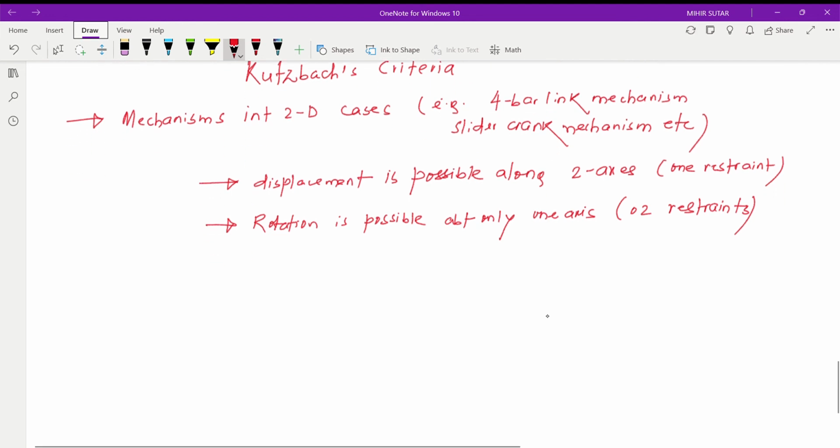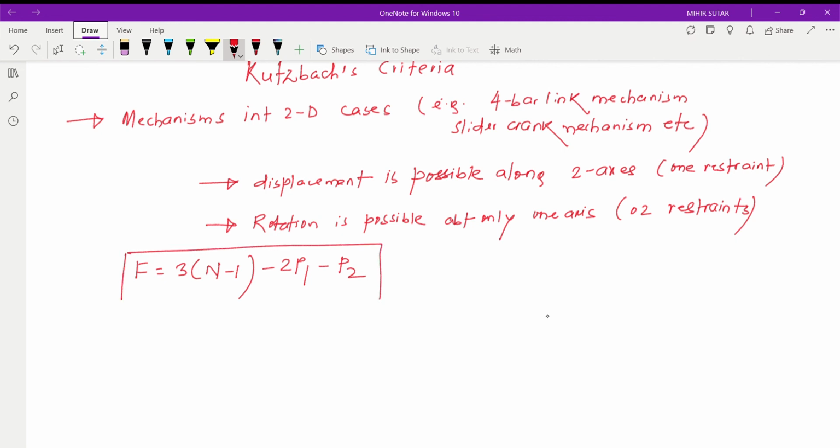So in this case degrees of freedom can be defined as f is equal to 3 multiplied by the number of movable links, that is n minus 1, minus 2P1, minus P2. Now this equation is used for planar or two-dimensional mechanisms. This is equation 2.